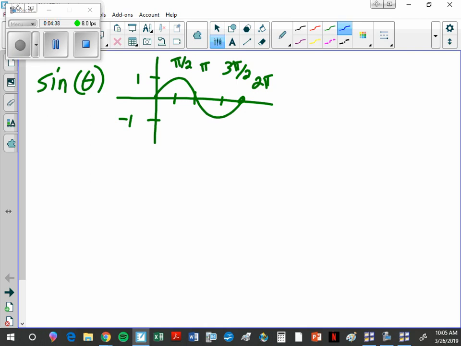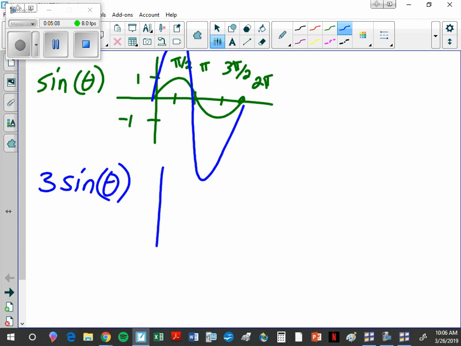So if I wanted to do 3 sine of theta, what effect is that going to have? Well, am I affecting essentially the x-axis, which in this case is called the theta axis, or the y-axis? The y-axis. So I need to make this graph 3 times taller. That's what it would look like. Does everybody understand that?